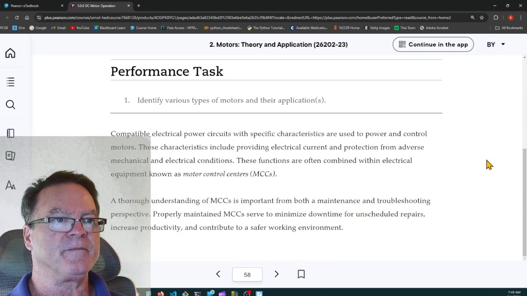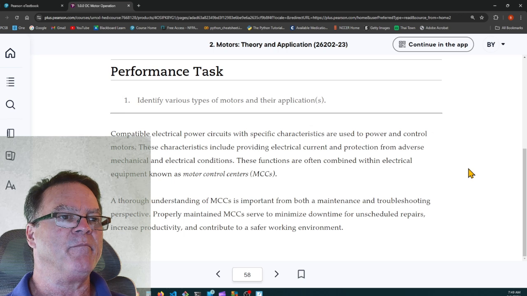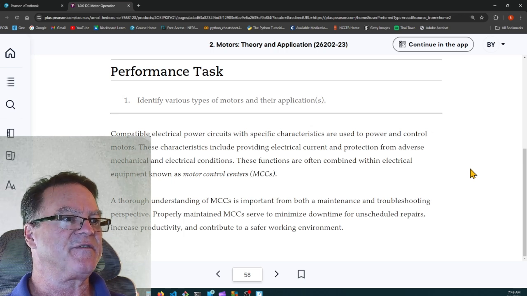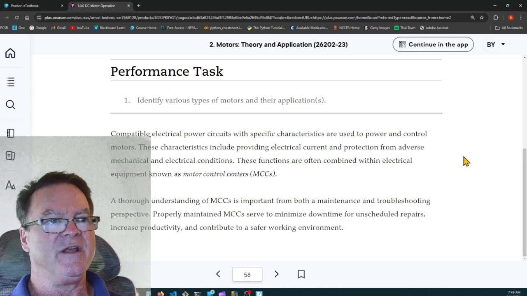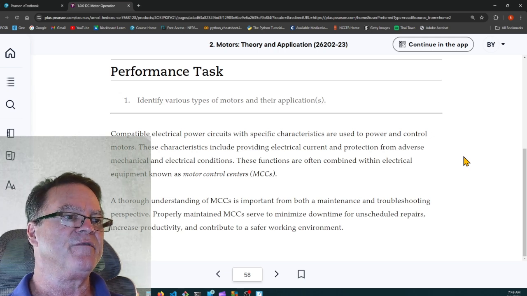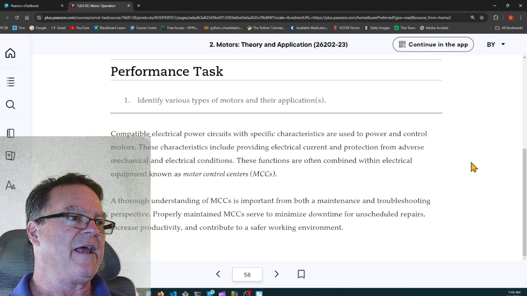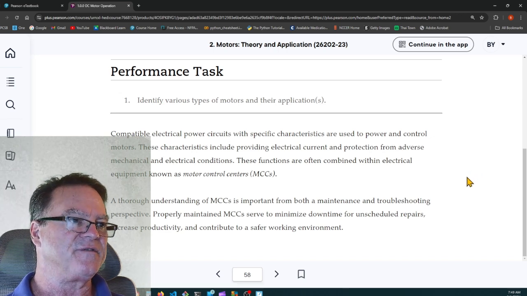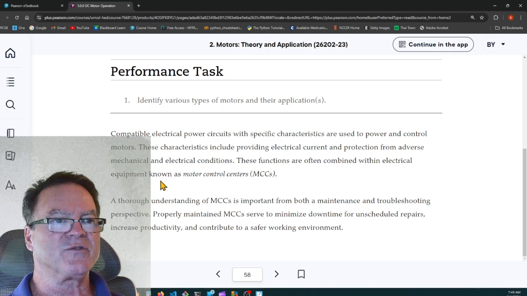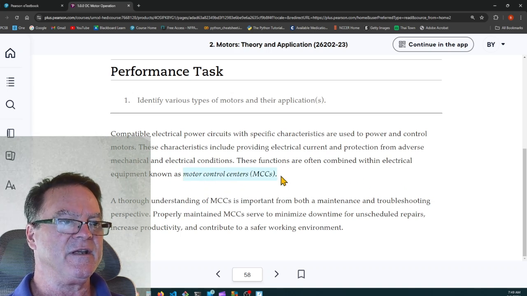Motor operation. Compatible electrical power circuits with specific characteristics are used to power and control motors. These characteristics include providing electrical current and protection from adverse mechanical and electrical conditions. These functions are often combined within electrical equipment known as motor control centers, MCCs.